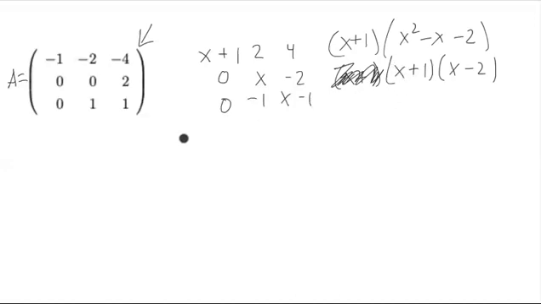Okay, so what we're going to do with those: x equals negative 1 and x equals 2. How are we going to find the eigenvectors for x equals negative 1? How are we going to find the eigenvectors for each eigenvalue? Use ranges.